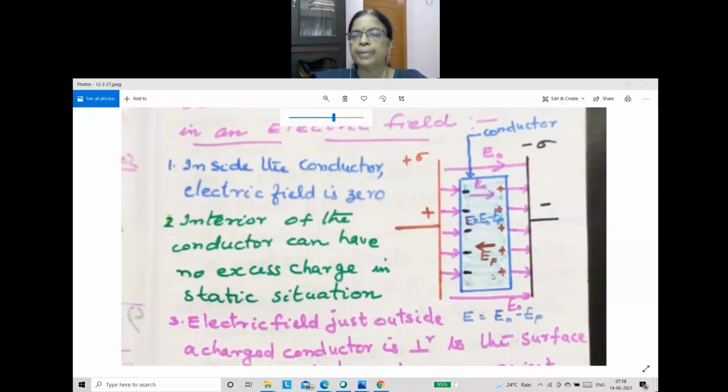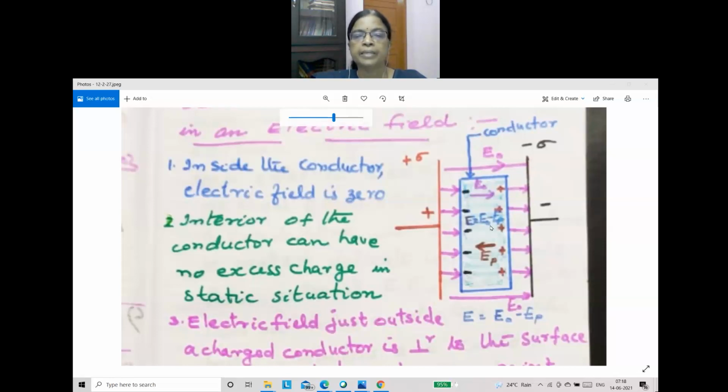So there will be an electric field, for example, EP. Inside the dielectric, there is an electric field EP, which is opposite to the direction of the applied, external electric field. So externally, it is from left to right, and internally, it is right to left, opposite direction.